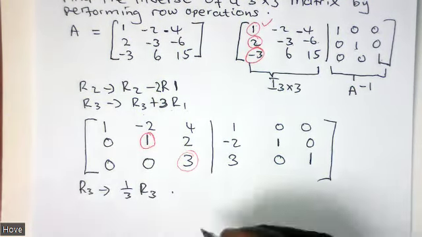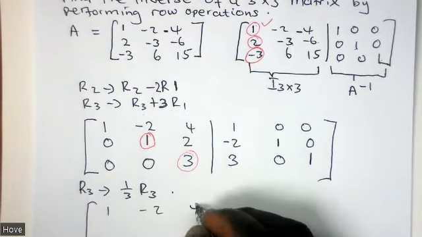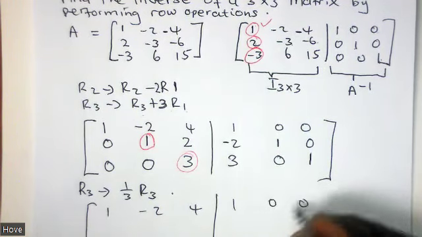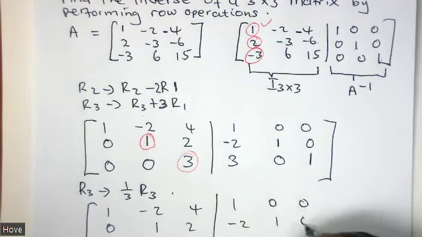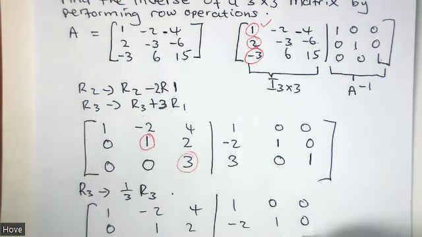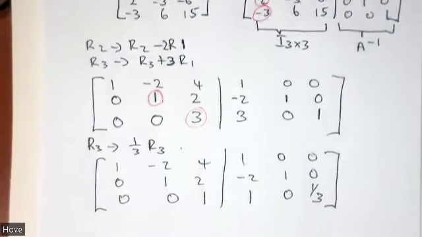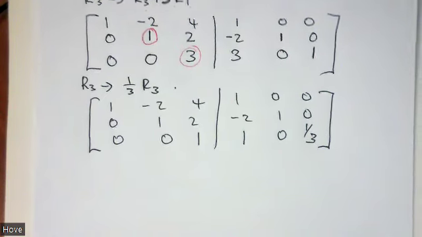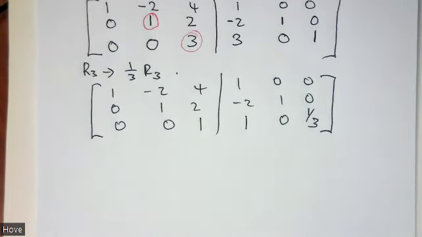So I will have 1, minus 2, 4, 1, 0, 0, 0, 1, 2, minus 2, 1, 0, 0, 0, 1, 1, 0, 1 over 3. It's just dividing throughout by 3.